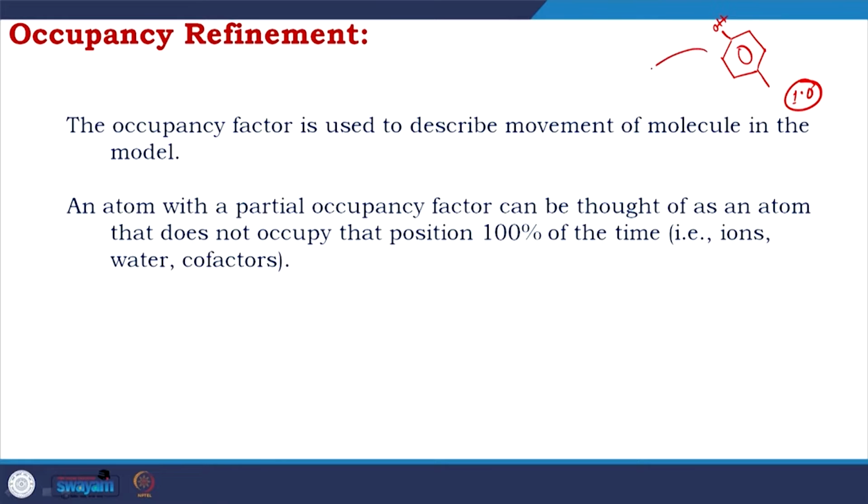But if the tyrosine has two conformers, then the occupancy would probably be 0.5, 0.5, but interestingly it might be others too.